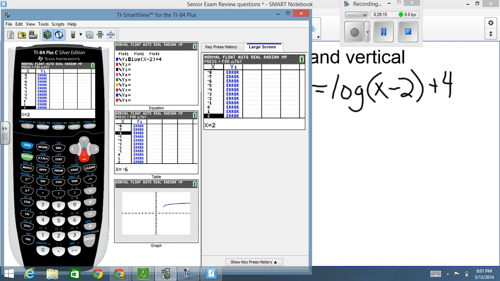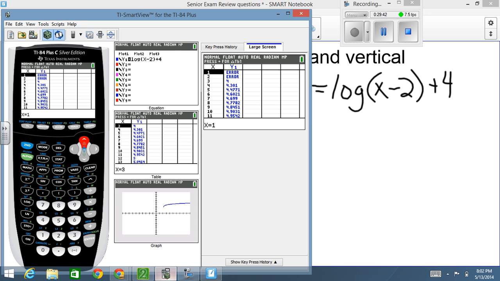It didn't go any further below a certain number, and that number was at the point 3, 4. Stop scrolling down. Right here is where this thing stops, at the point 3, 4.